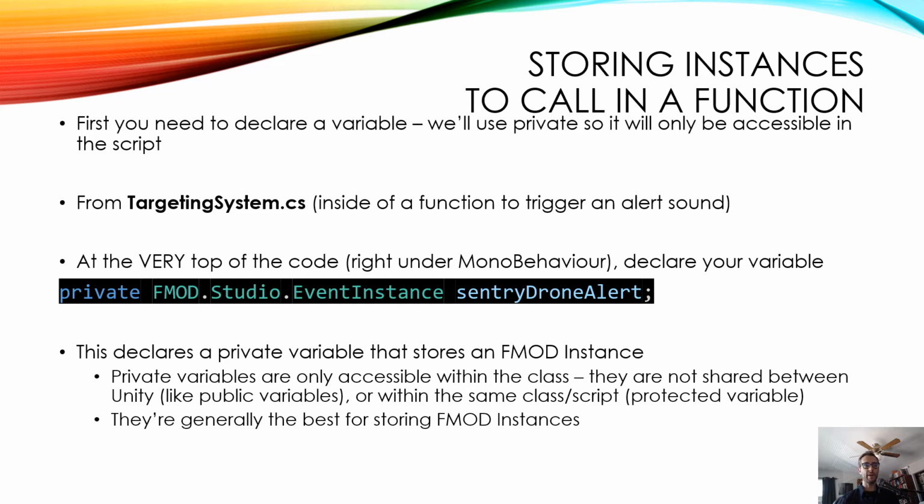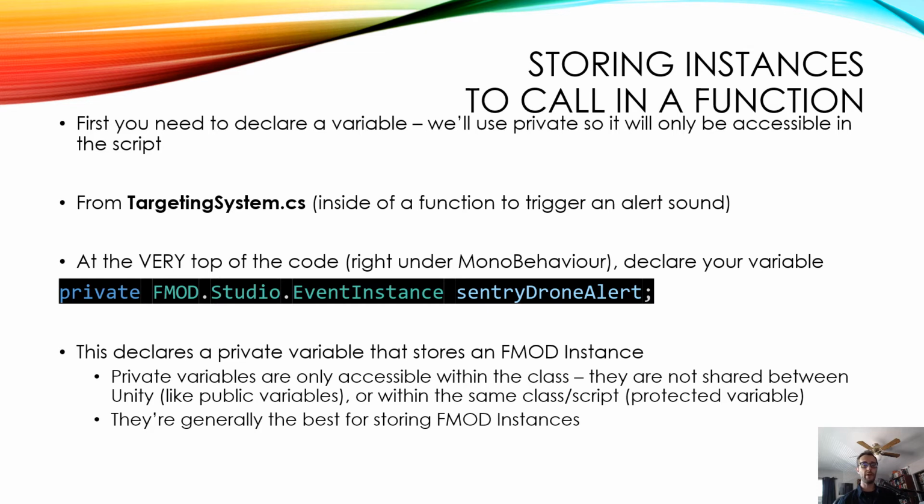Just add a new line at the end of those, and this is where you would insert your variables. We're going to use private variables, which means that they are only accessible within the class. They're not shared with Unity, which would be a public variable. You can use those too, and they are not restricted to only the same class and script, which is protected variables. Private is generally the best option for what we're going to do.